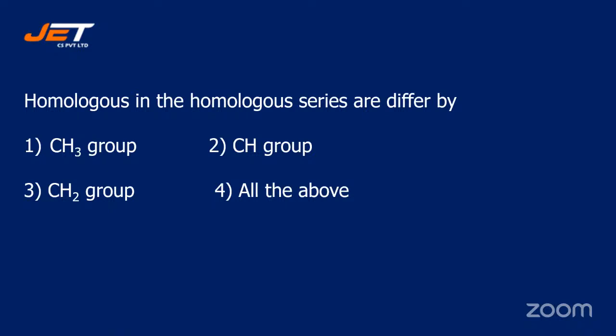Homologues in the homologous series differ by: option number 1, CH3 group; option number 2, CH group; option number 3, CH2 group; or option number 4, all the above?